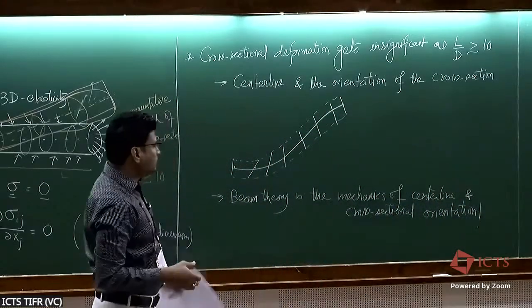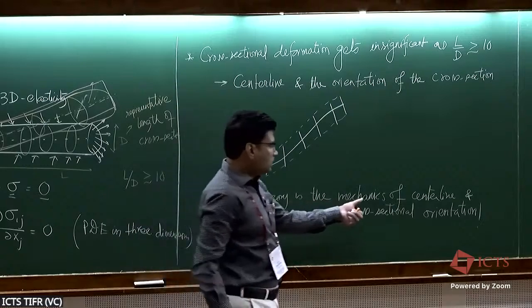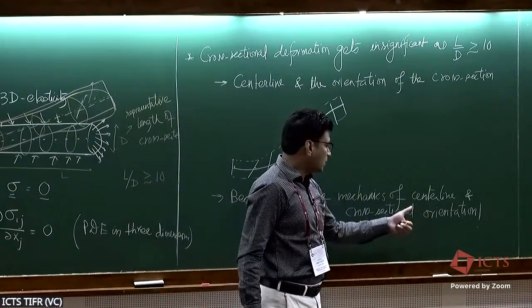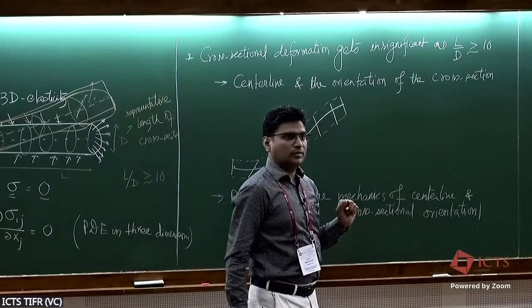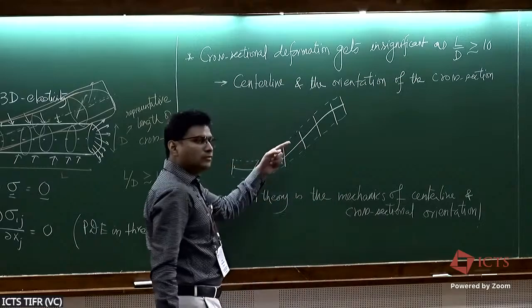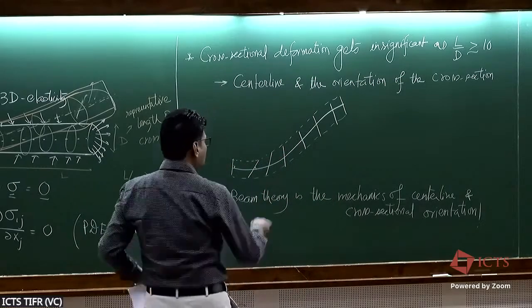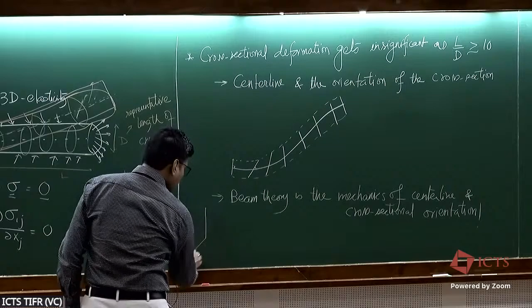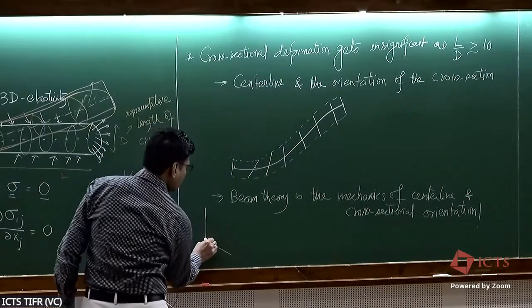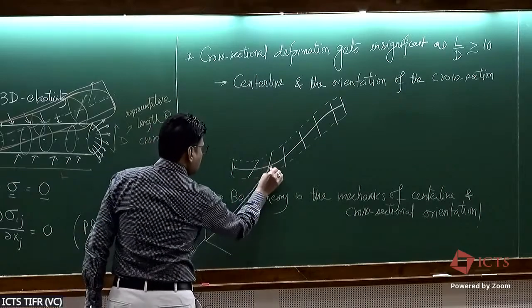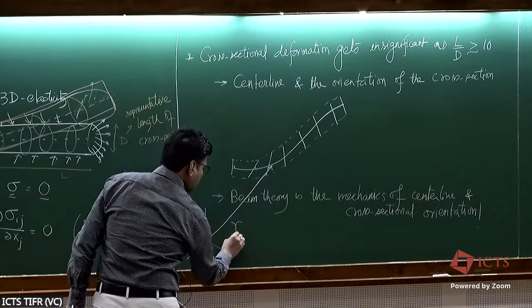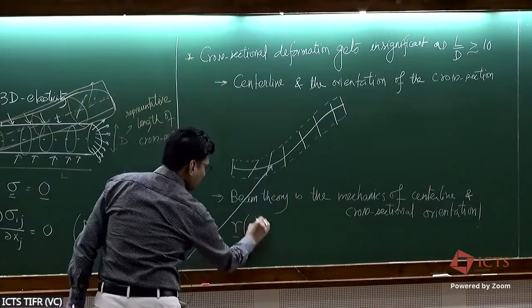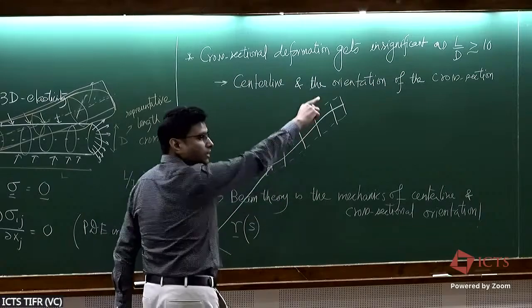And because these variables, the center line and cross-sectional orientation, if it's a 2D deformation, the center line, if you have a coordinate system here, can be given through a position vector of the center line.